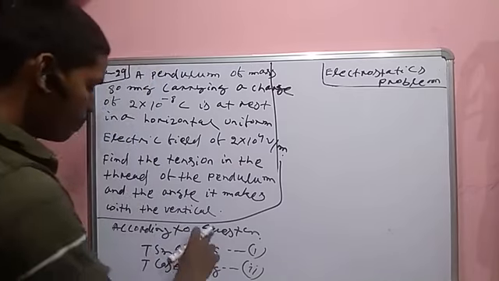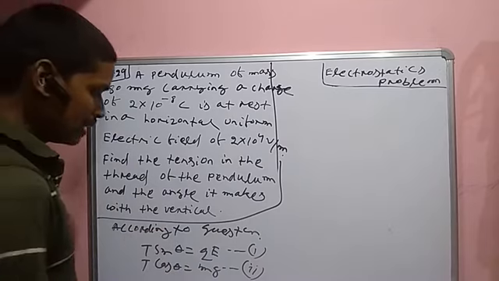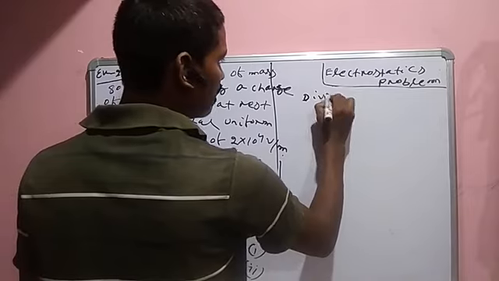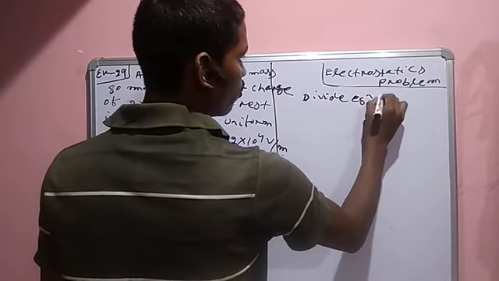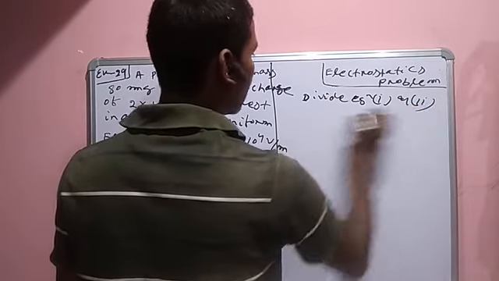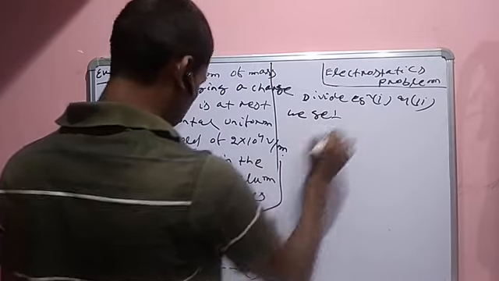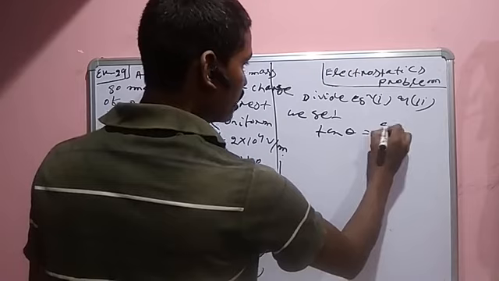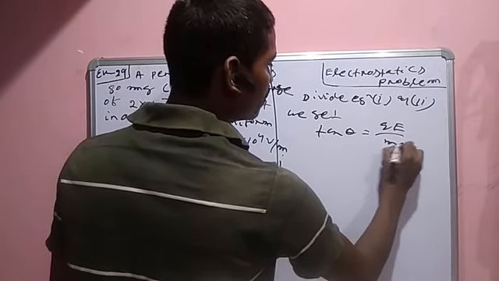First of all, divide equation 1 by equation 2. We get tan theta is equal to QE by mg.